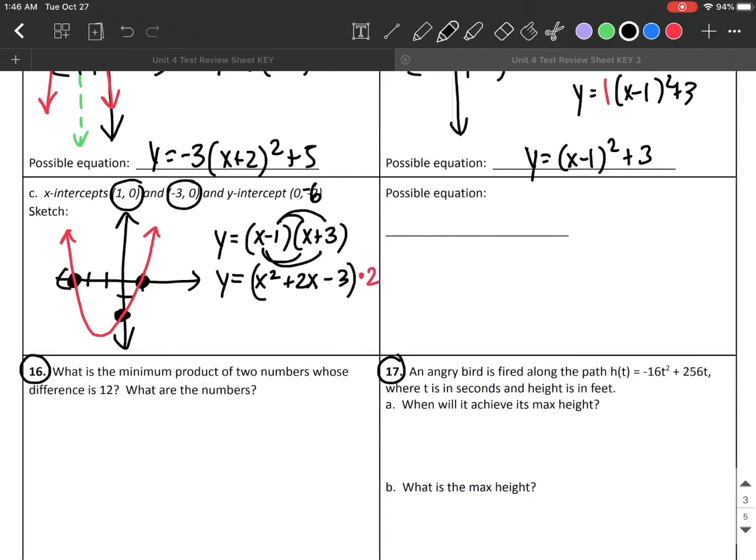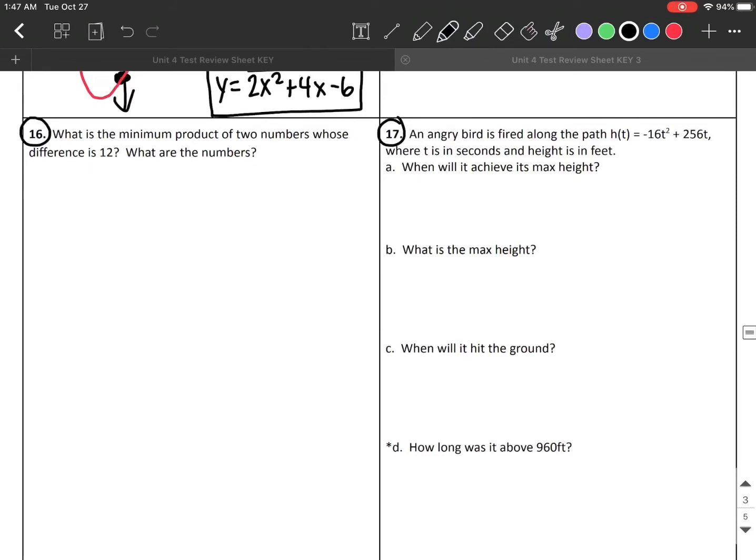I don't really have a full equation yet, so I don't need to do that to the other side. I'm creating my equation, so I'm just going to multiply all those terms by 2. I have 2x squared plus 4x minus 6, and that's going to give me a y-intercept of negative 6, and those x-intercepts are still correct. So the only equation that you could write here is y equals 2x squared plus 4x minus 6.